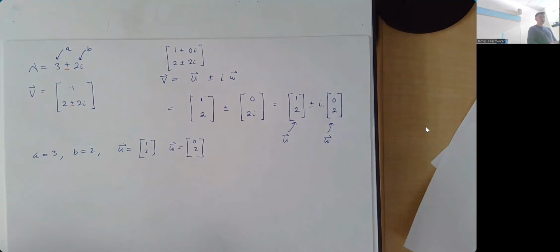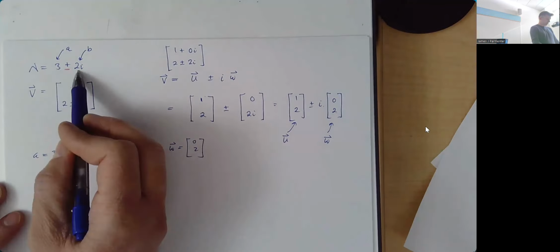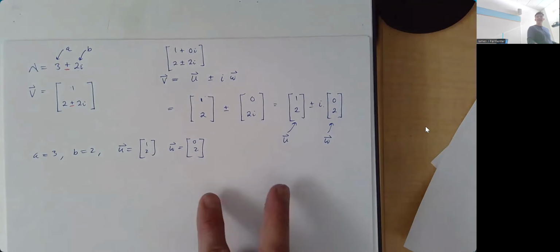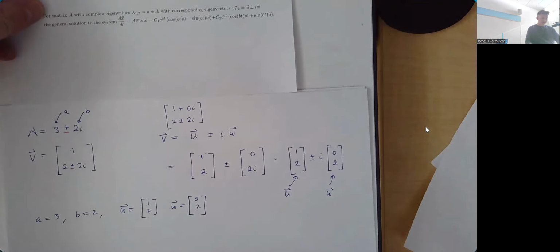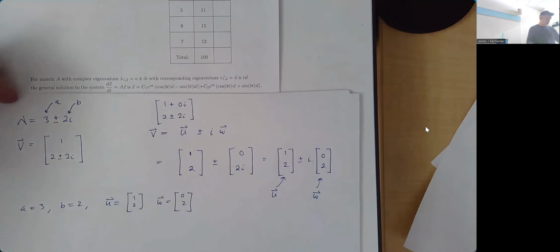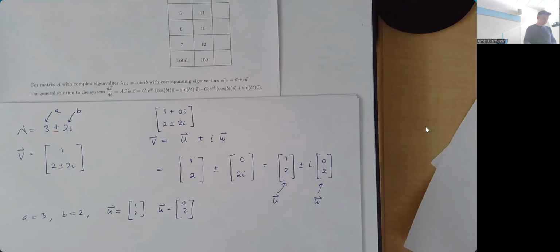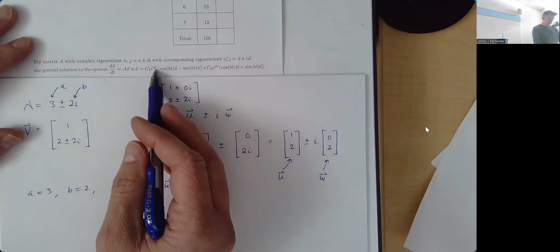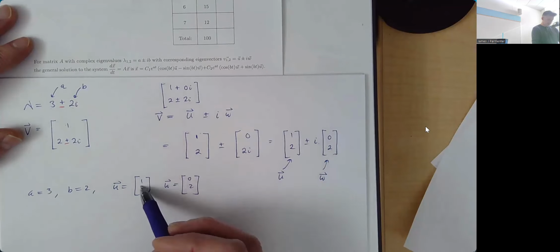Cool. And then that's A, that's B, so now I'm going to look back at the front page of my test. Okay, there's the gross formula I'm trying to plug everything into. So I'm really just going to write my solution now. I might have to fix it in a minute, but at least I'm going to start off with the following. A is 3, B is 2, U is that, W is that.